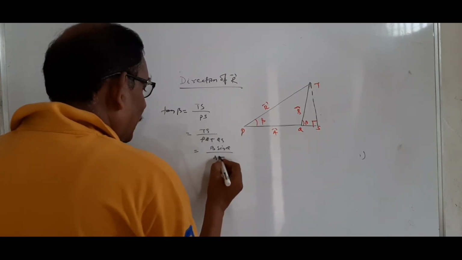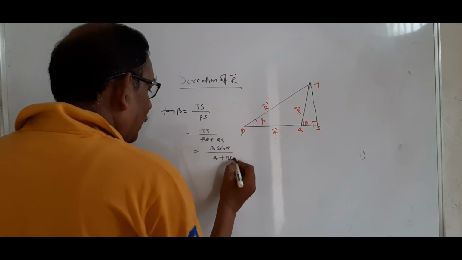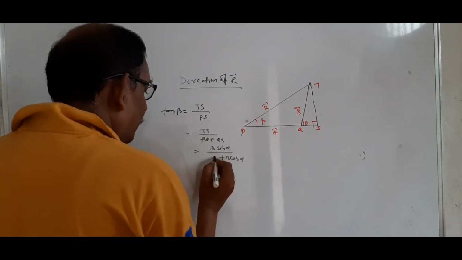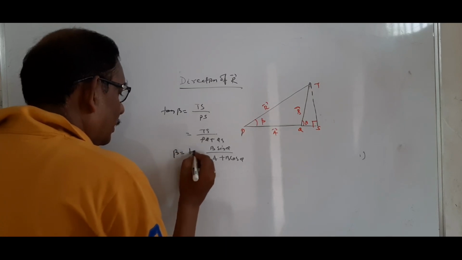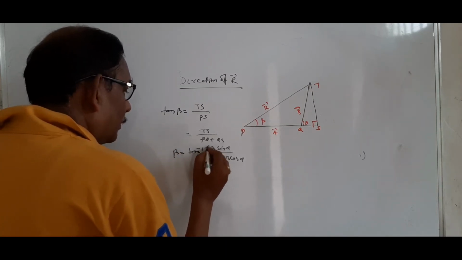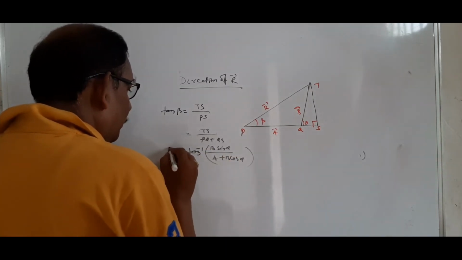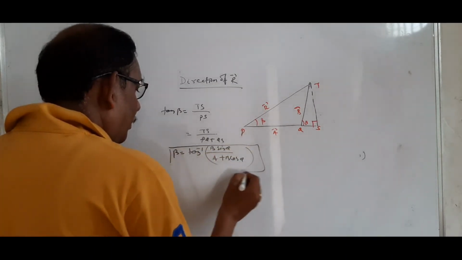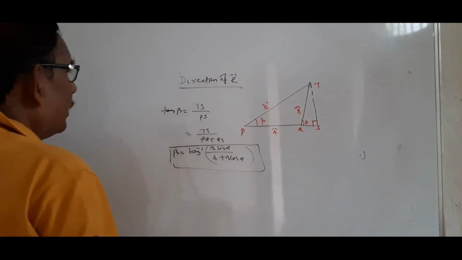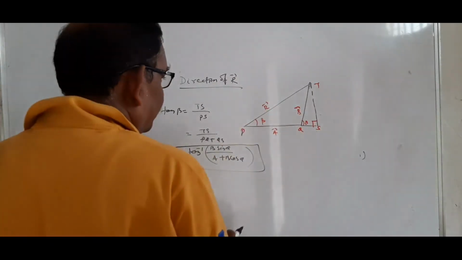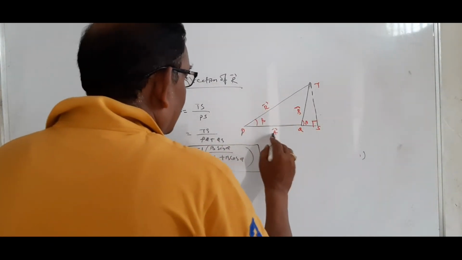PS is your A plus B cos theta. So beta is equal to tan inverse of B sin theta by A plus B cos theta. So in this way, you determine the direction of R. It makes angle beta with the vector A.